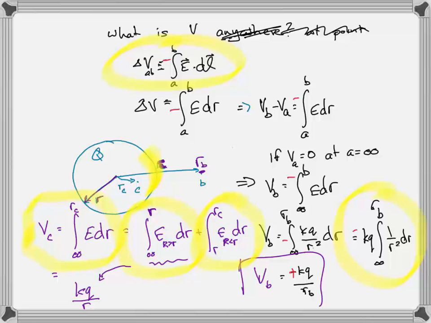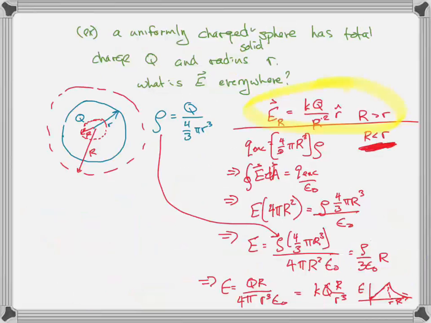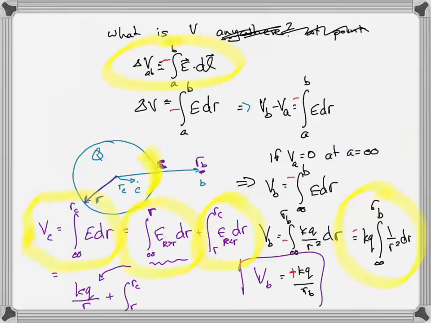But then it's plus the integral from R to RC of our other field, our field inside the sphere, which was rho over 3 epsilon 0 R, dr. I guess our integration variable is capital R, not little r, because capital R was our variable radius.